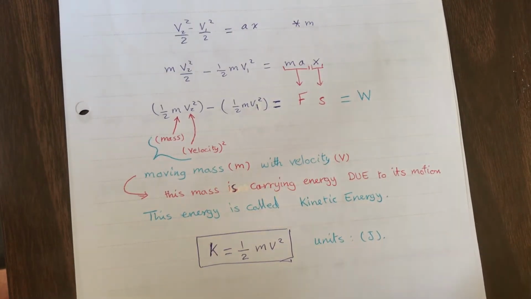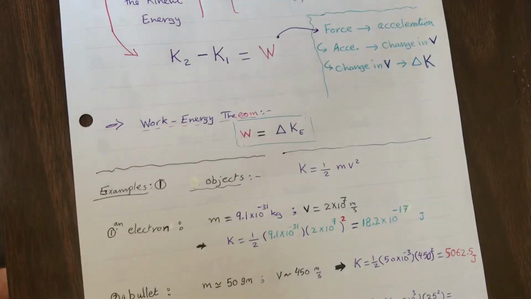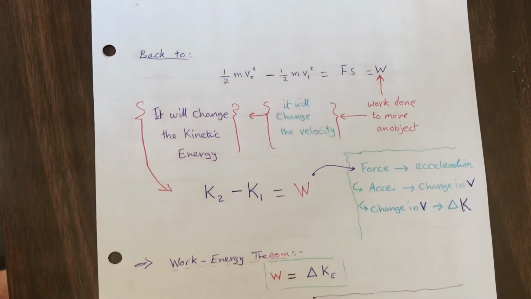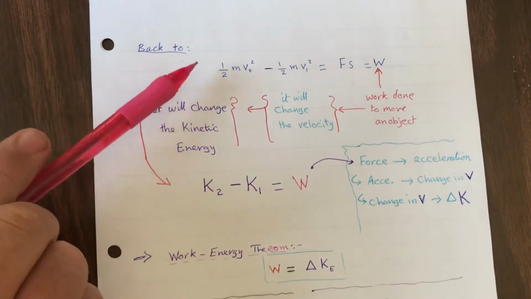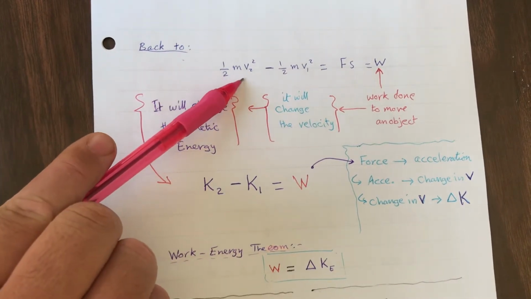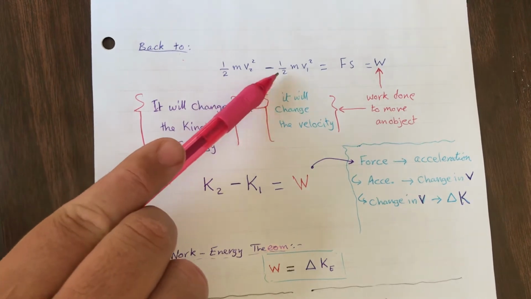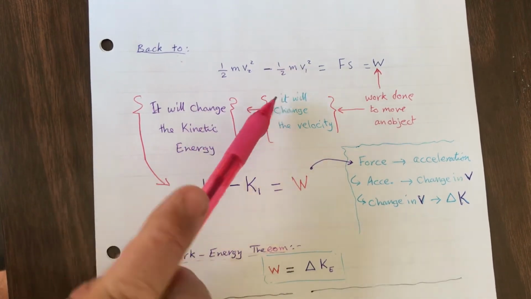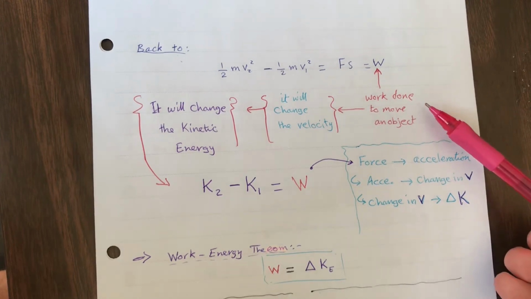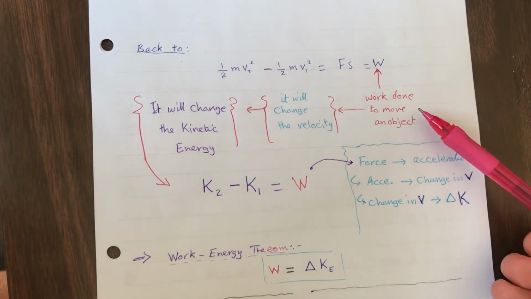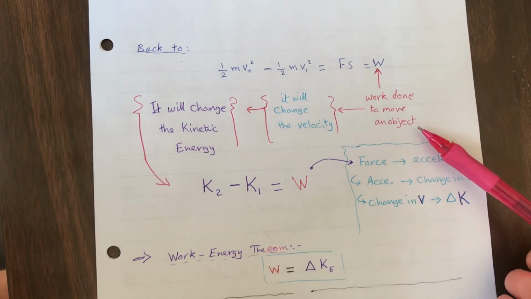Okay, so back to this equation, we have half mv final squared minus half mv initial squared is equal to the work. The work is done to move objects.